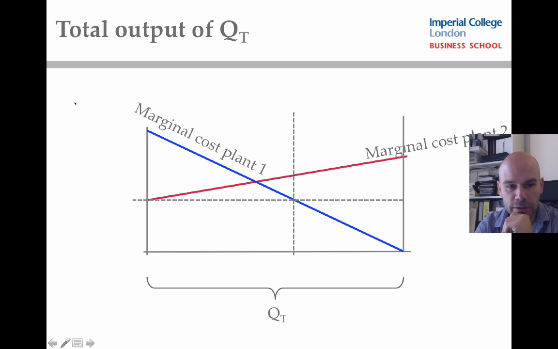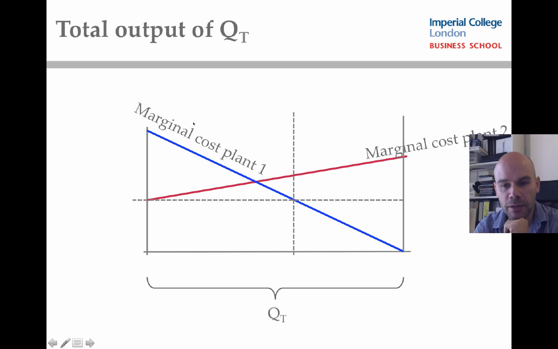Well, if they start producing in plant 2, it will have a cost here of this length, which is equivalent to the intercept of plant 2 with the y-axis. On the other hand, if they start in plant 1, then of course the cost would be lower, it would be virtually 0.